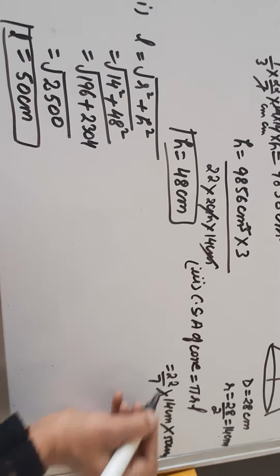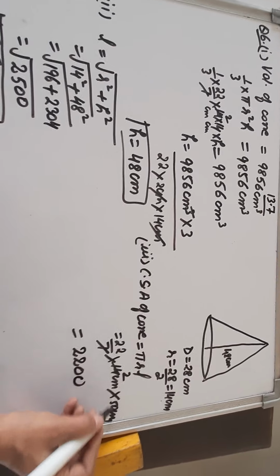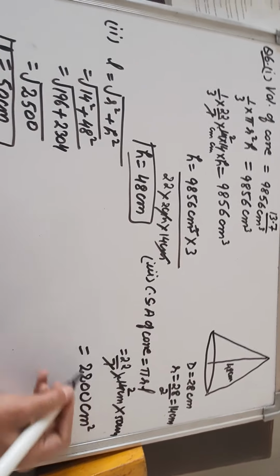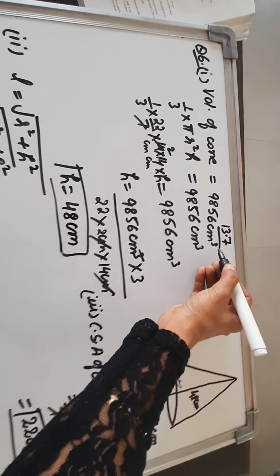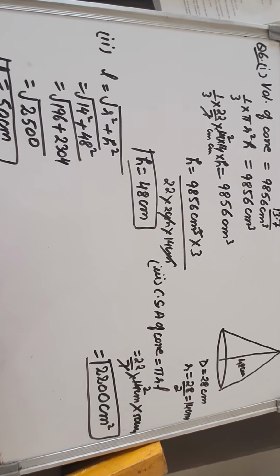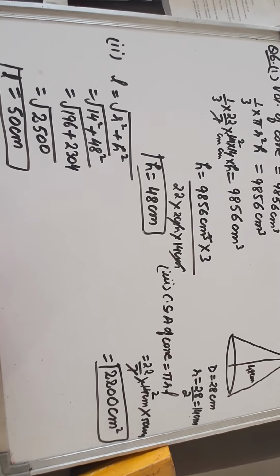By solving it, we'll get the area as 2200, and centimeter into centimeter, centimeter square. So this will be the curved surface area. As we all know, area is always calculated in square units, for any kind of length we have a single unit, and for volume we have cubic unit. So I hope the question is clear to you.